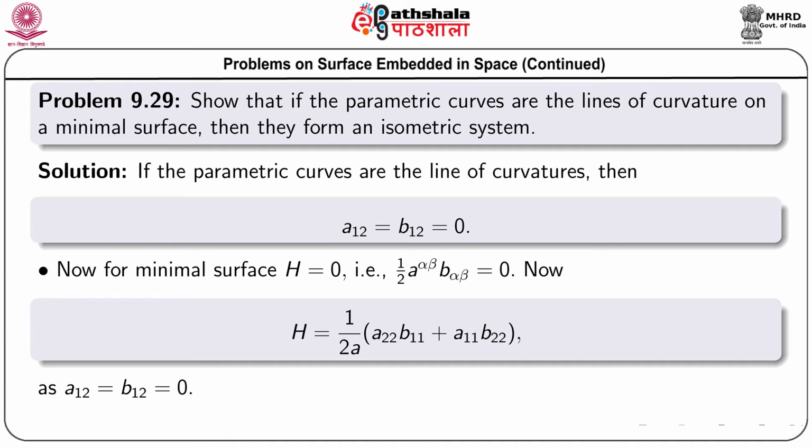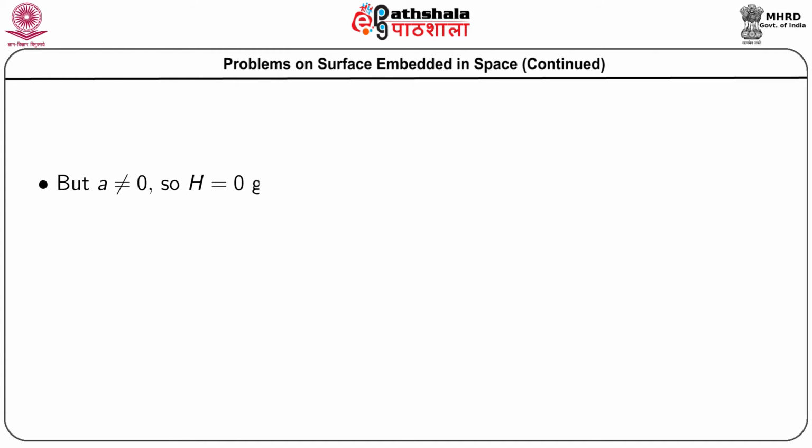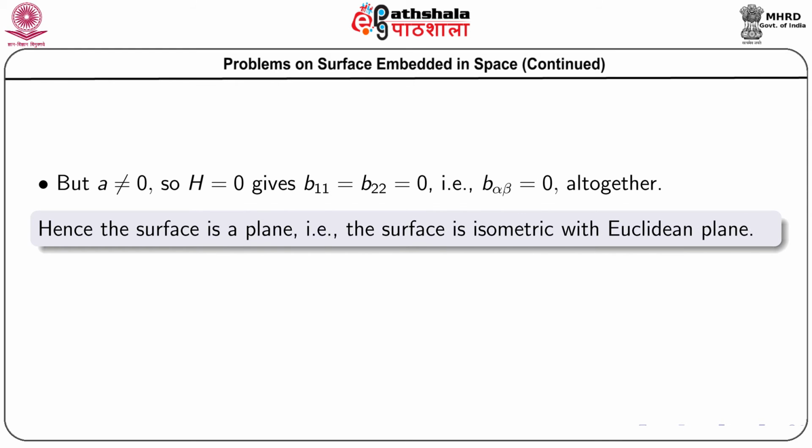Now, as A12 equals to B12 equals to 0, H equals to 0 gives B11 equals to B22 equals to 0, that is B alpha beta equals to 0 altogether. Hence, the surface is a plane, because B alpha beta is 0, and the surface is isometric with the Euclidean plane.